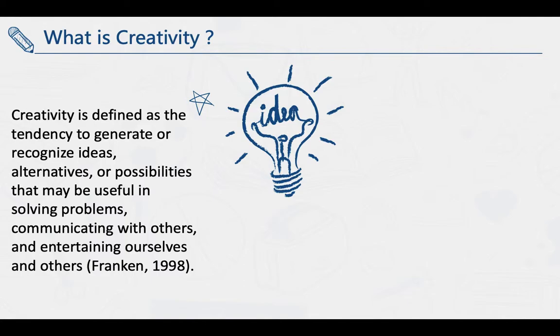We have some scholars who already have some definitions here. From Frankens, he said creativity is defined as the tendency to generate or recognize ideas, alternatives, or possibilities that may be useful in solving problems, communicating with others, and entertaining ourselves and others.